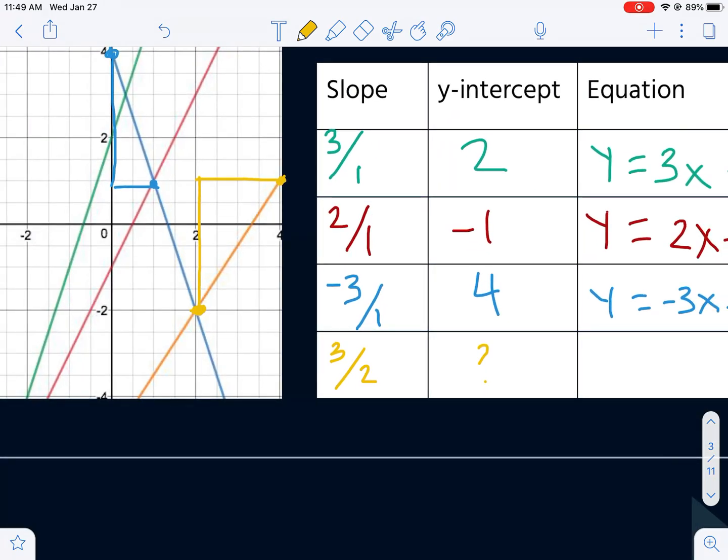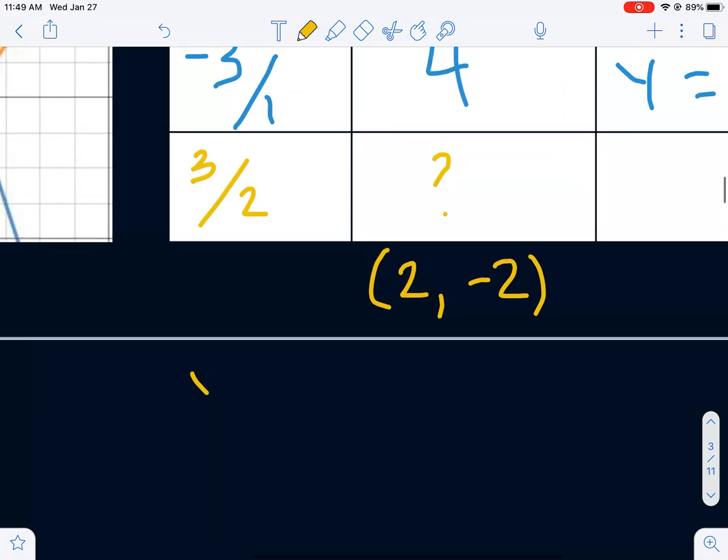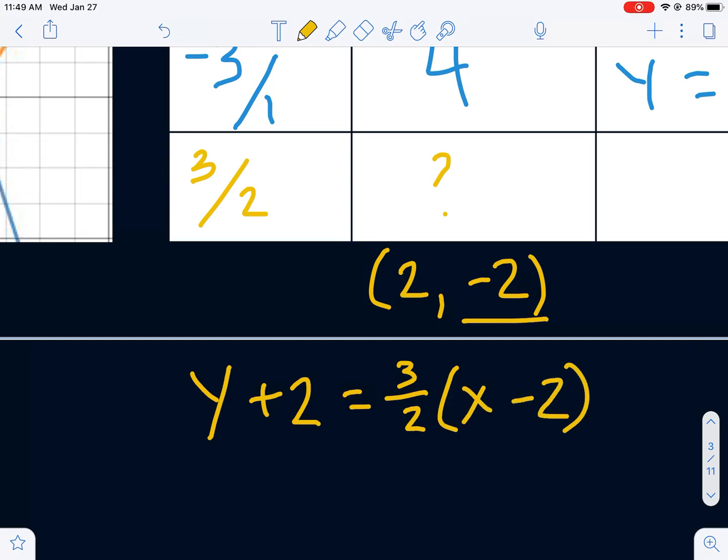So instead I'm going to use a point. My x value is 2 at this point, and my y value is -2. And I'm actually going to put it into point-slope form. So I'm going to have y minus a -2 becomes a positive, equals my slope, times x minus 2.